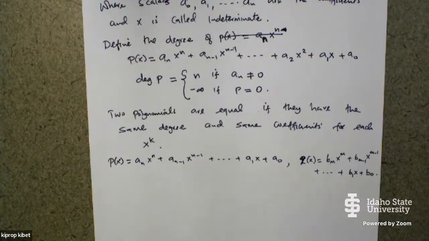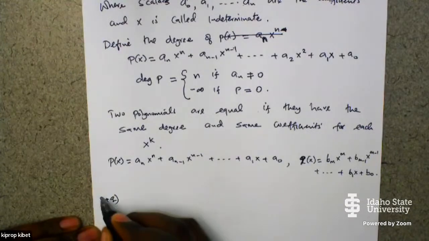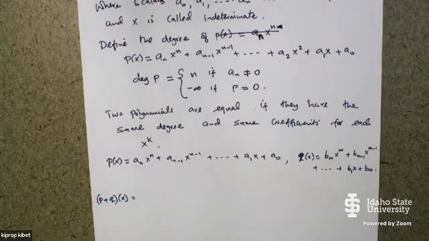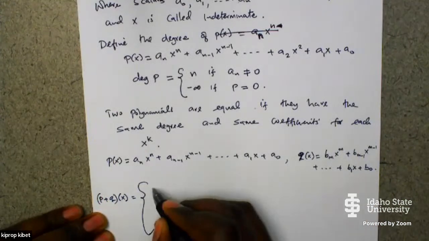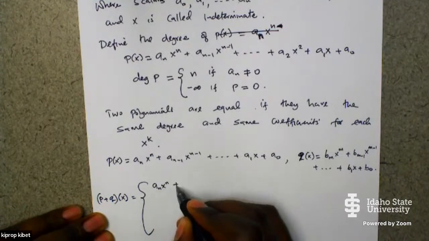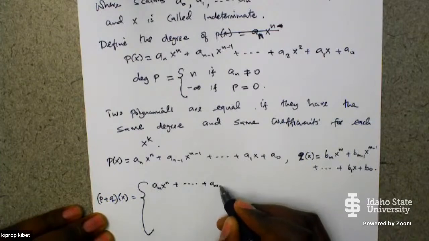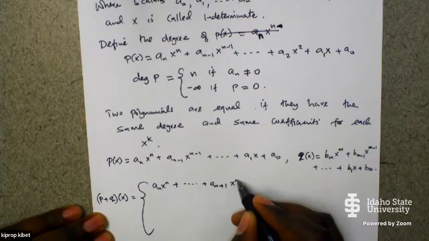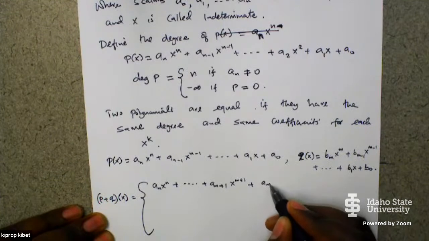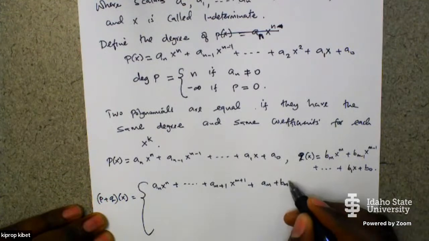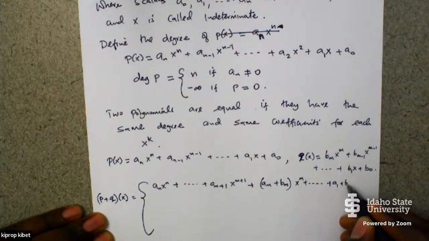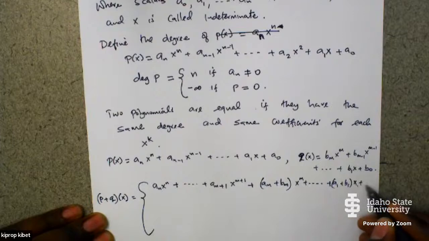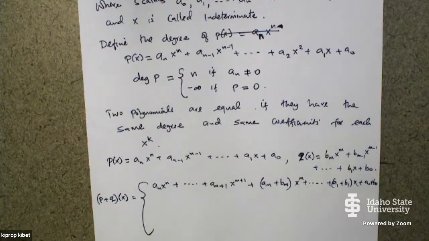So you can add the two polynomials. These polynomials, p plus q of x, can be equal to a_n x^n plus a_{m+1} x^{m+1} plus (a_m plus b_m) x^m plus (a_1 plus b_1) x plus (a_0 plus b_0).